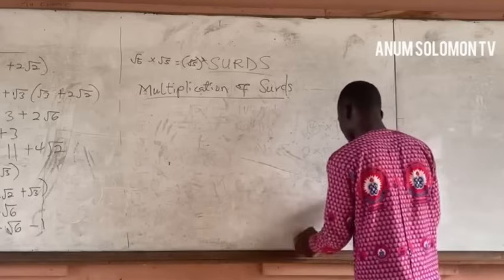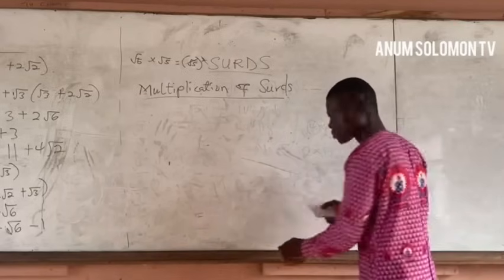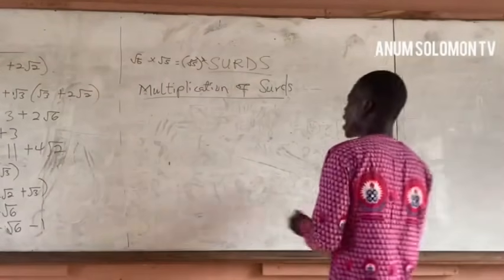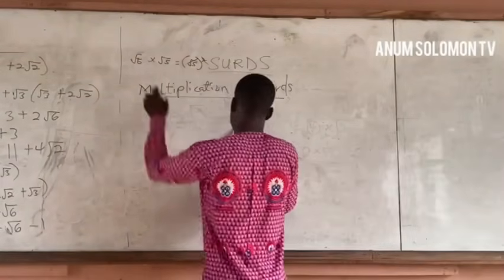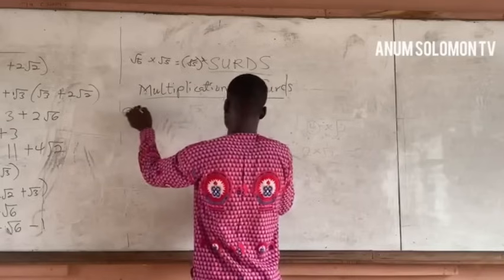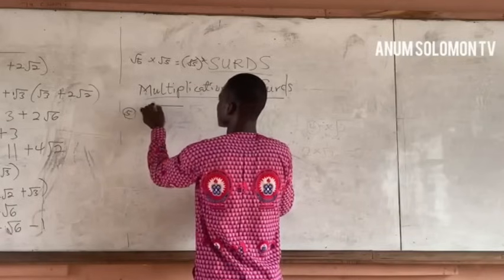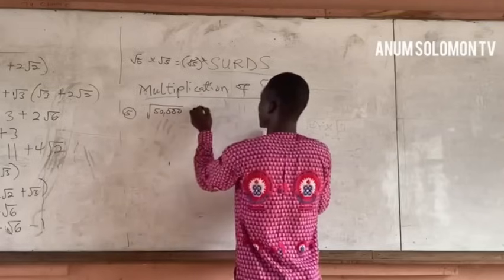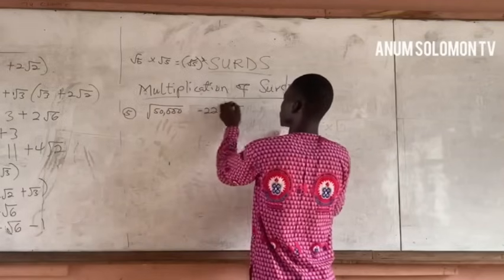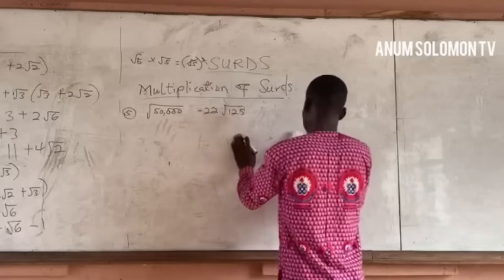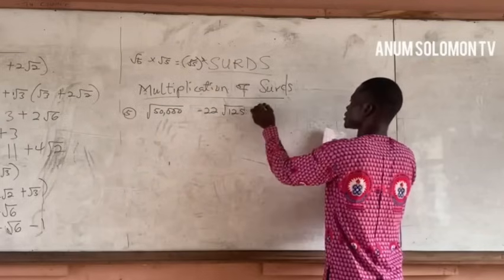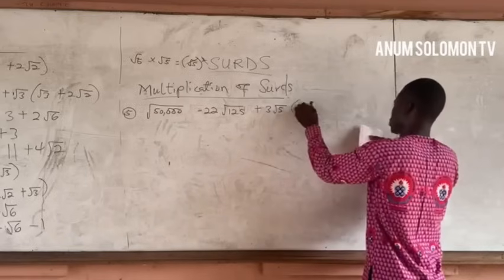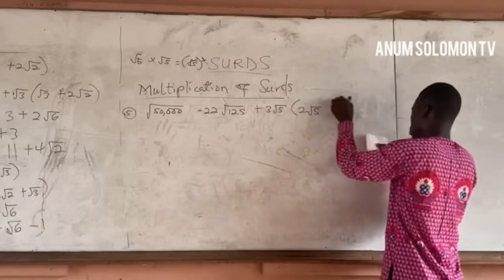So the last problem is, we are to expand and simplify root of 50,000 minus 22 root of 125 plus 3 root of 5 bracket 2 root 5 minus 2.